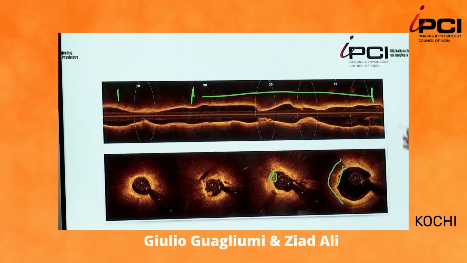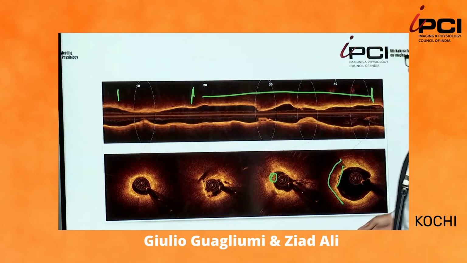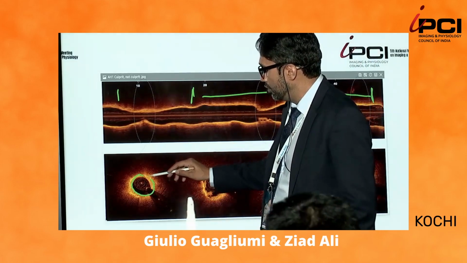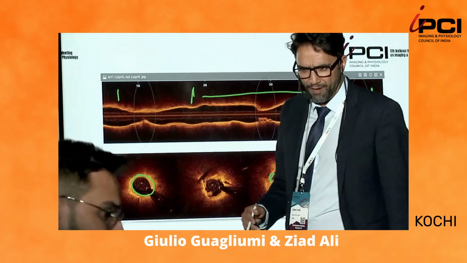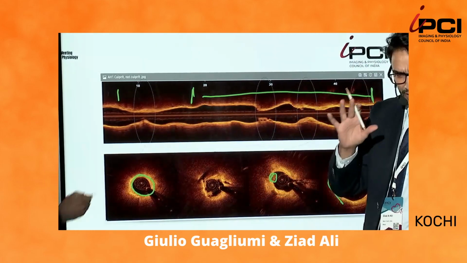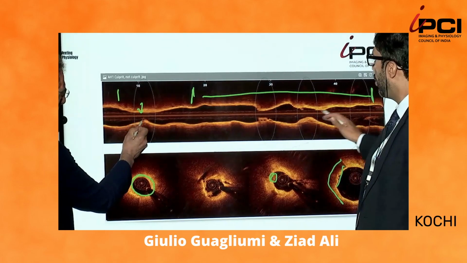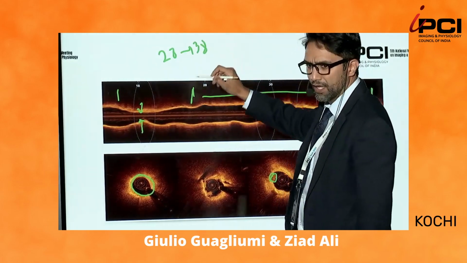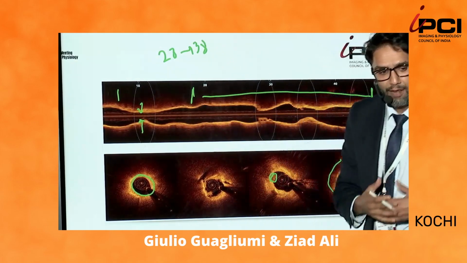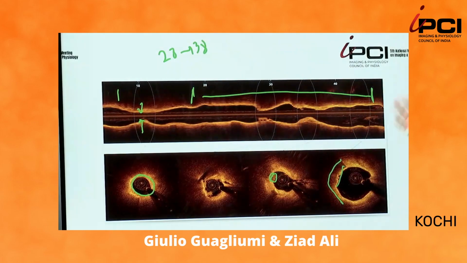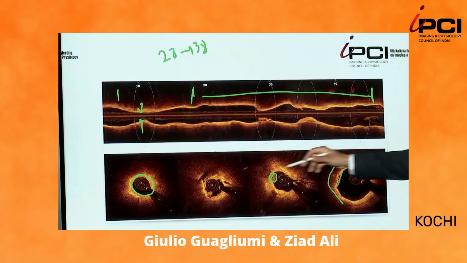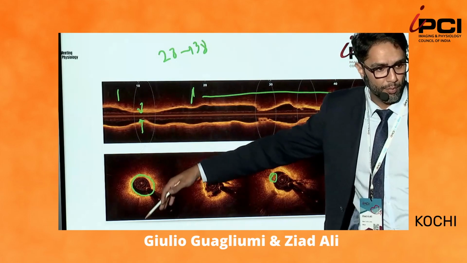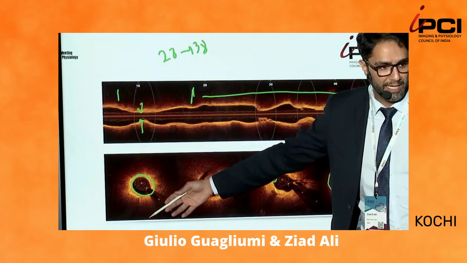Okay. So let's talk practically. Practically speaking, leaving an area with a minimal lumen area less than 4.5 in the reference segment is an independent predictor, a 6-fold increase of hazard. And all we're doing here is elongating our 28 to a 38. You're covering this plaque. And if you think about the entire concept of vulnerable plaque, what we're essentially doing is sealing this cap, getting a lumen area, and promoting fibrosis and healing on this vessel.